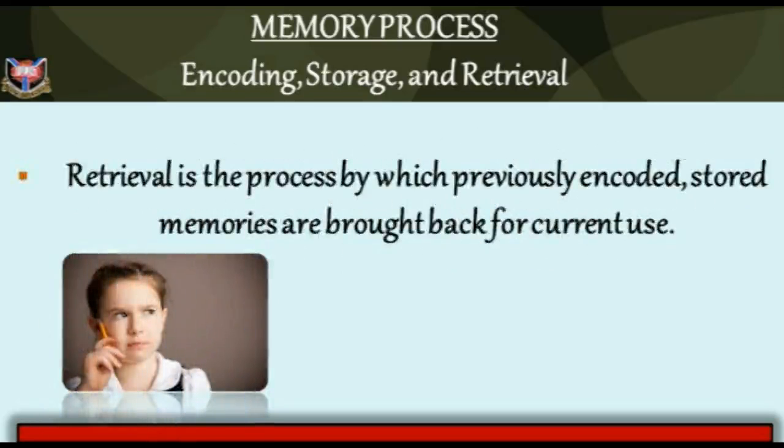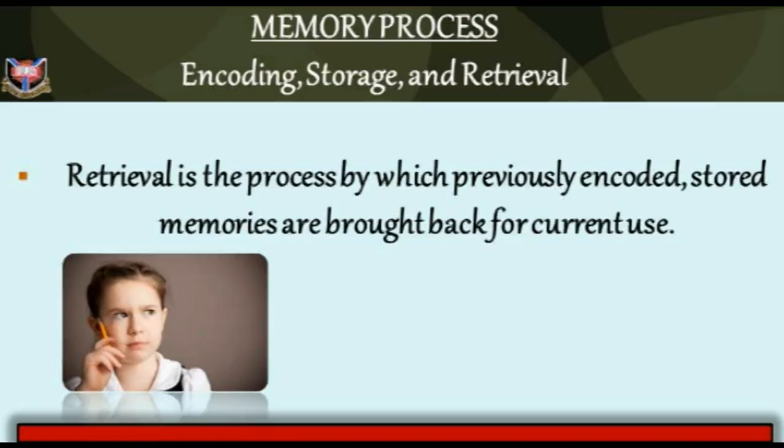Retrieval is the process by which previously encoded, stored memories are brought back for current use. It also involves locating the stored information and returning it to consciousness. A particular cue, like the number 202, 523 to 3598, for example, can cause you to retrieve information that you had previously encoded and stored.